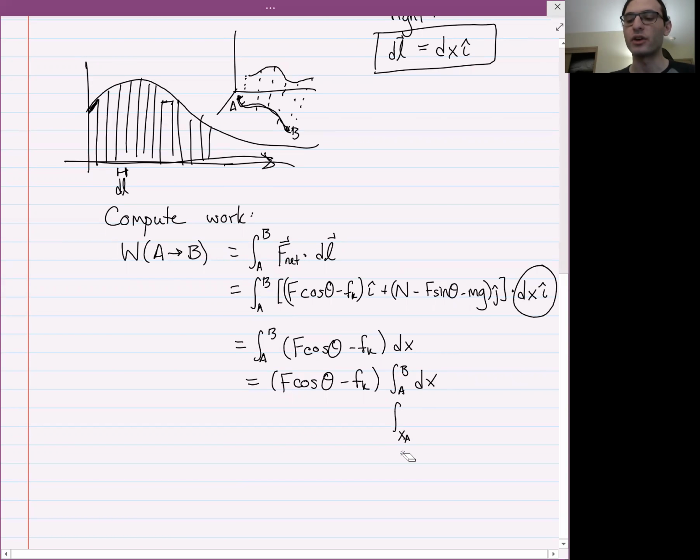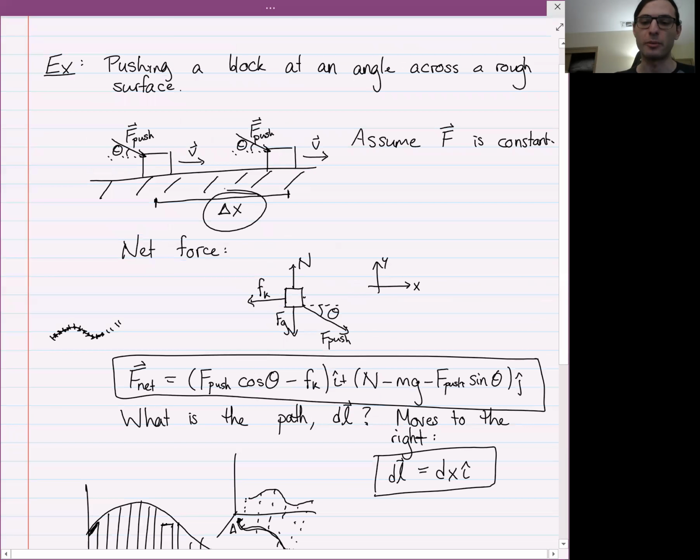Well, okay, rather, it does mean that, but it doesn't necessarily mean the coordinate x. It means integrate the path from A to B. This is just add up the length along x, add up all of the infinitesimal dx's from point A to point B. So this is just the distance traveled between A and B. That's just a delta x there. So that's why we needed this delta x up here.